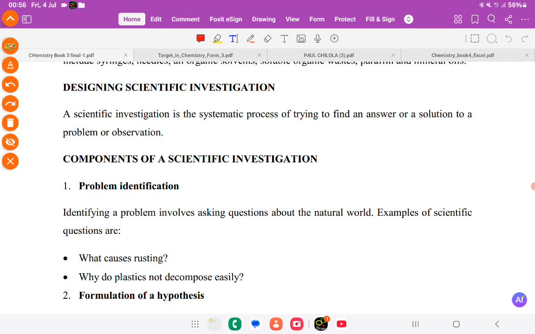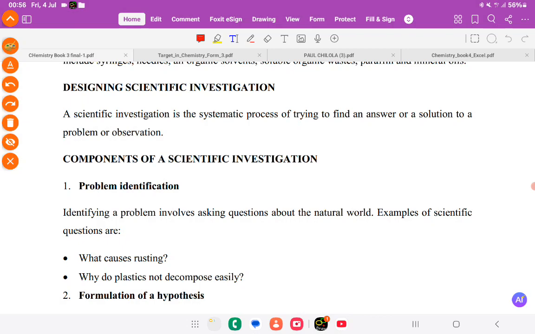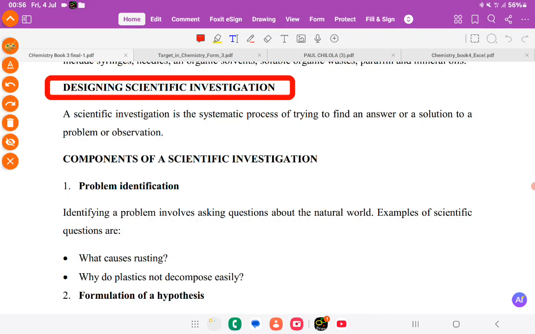So welcome to this component of the topic. We shall be looking at what is called designing a scientific investigation.